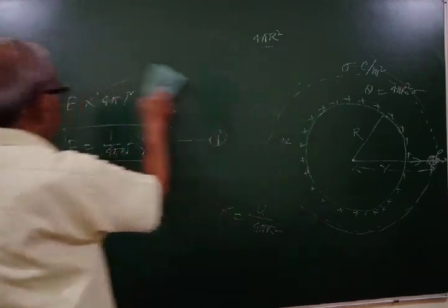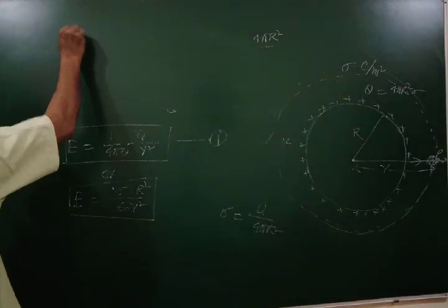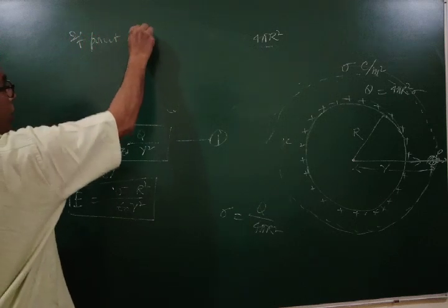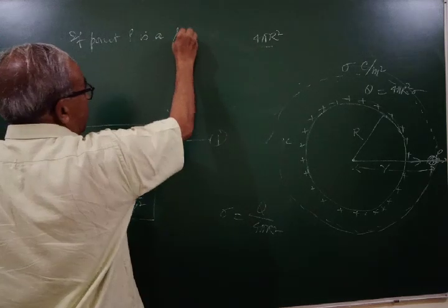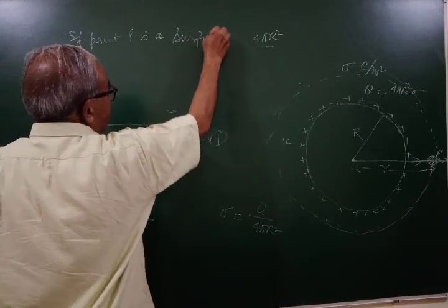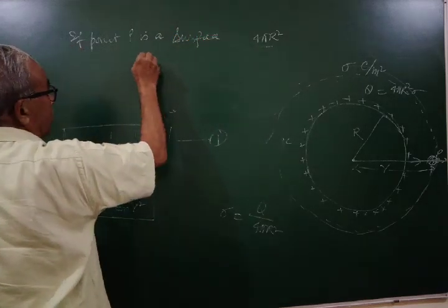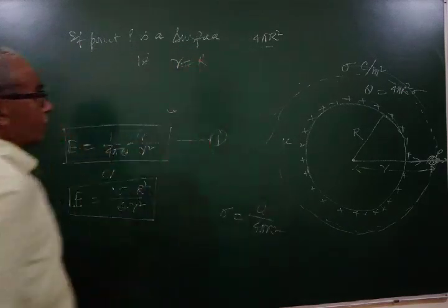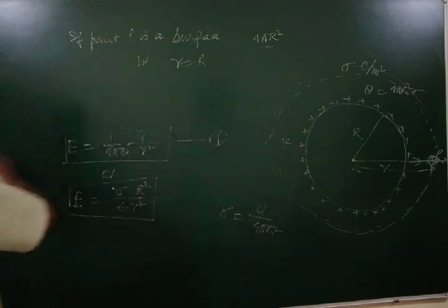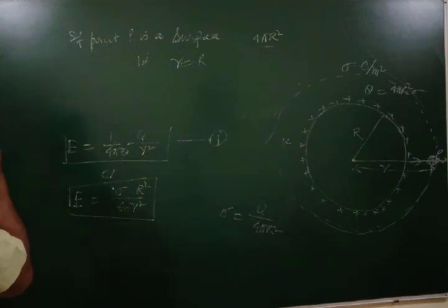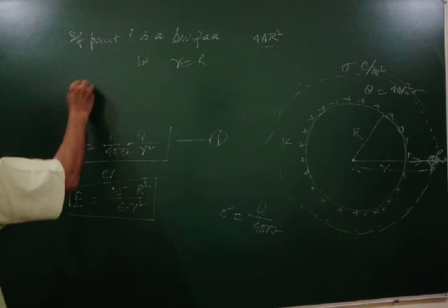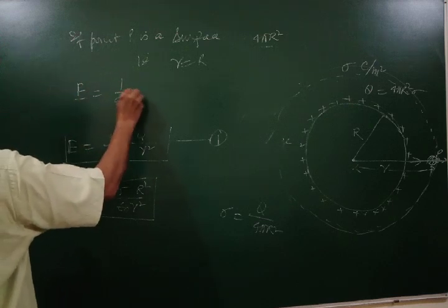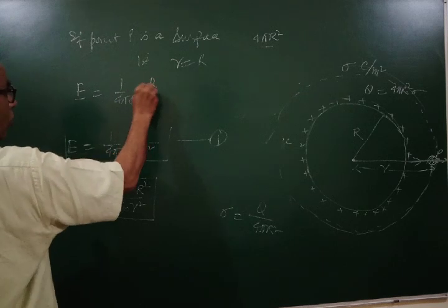Now, if point P is at the surface, this is very important, that is small r is equal to capital R, then the field at the surface is 1 upon 4 pi epsilon 0 Q upon R square.